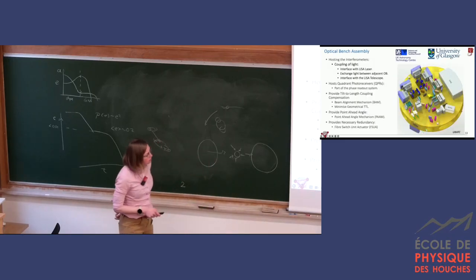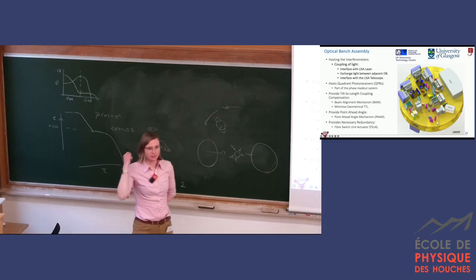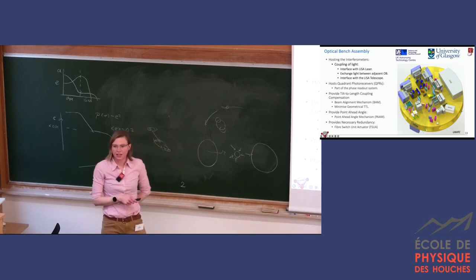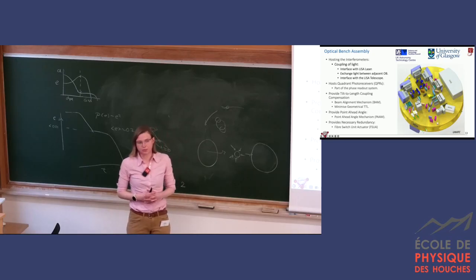So actually, most of our light that is received actually goes straight out to the outside world. So we want to maximize the power that we send to the far spacecraft, and only the amount that is needed on our bench is kept and sent to the other side and compared with the RX beam.